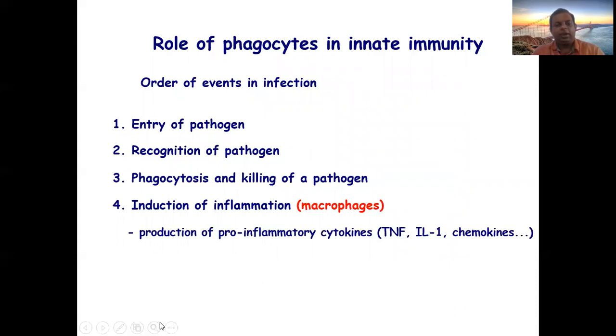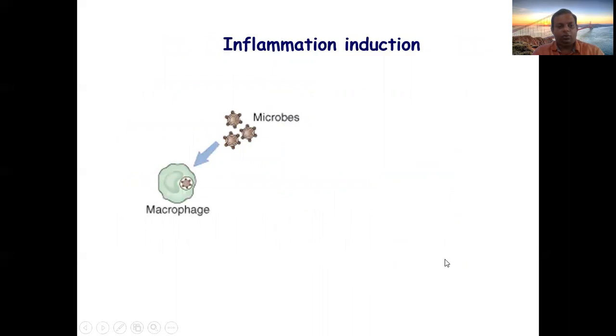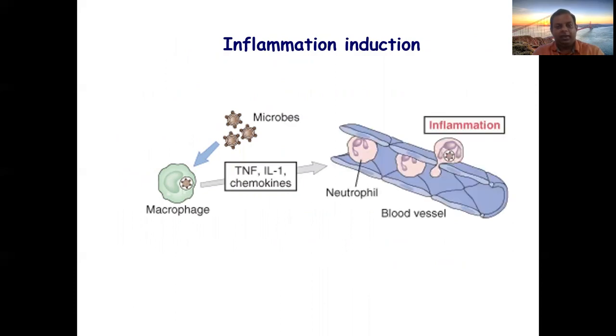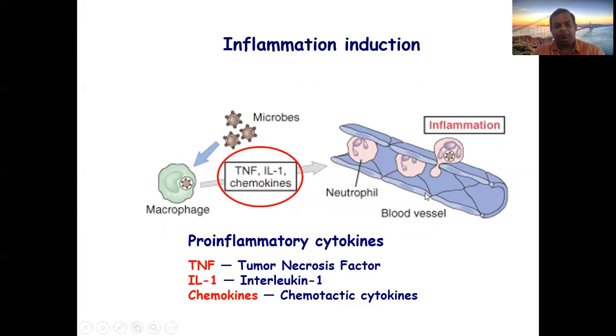For that, there is production of pro-inflammatory cytokines mainly by macrophages: tumor necrosis factor, interleukin-1, IL-6, and other chemokines. So once the microbes are there, the macrophage phagocytoses and becomes activated. Now activated, it secretes TNF alpha and interleukins, and provokes inflammation by means of chemotaxis and diapedesis from the blood vessels. So these are the pro-inflammatory cytokines.